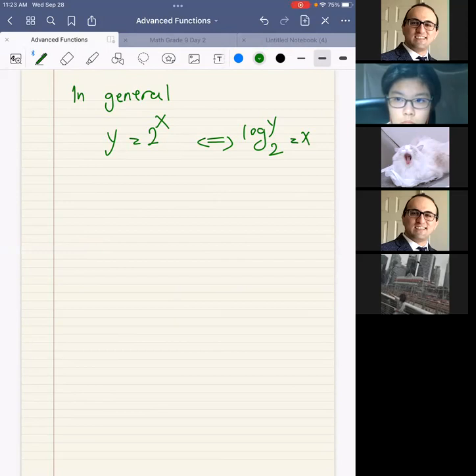But you can also have this for any number, not necessarily 2. So you can also repeat this with y equal to 3 to the power x. The inverse of exponential 3 to the power x is log with base 3.